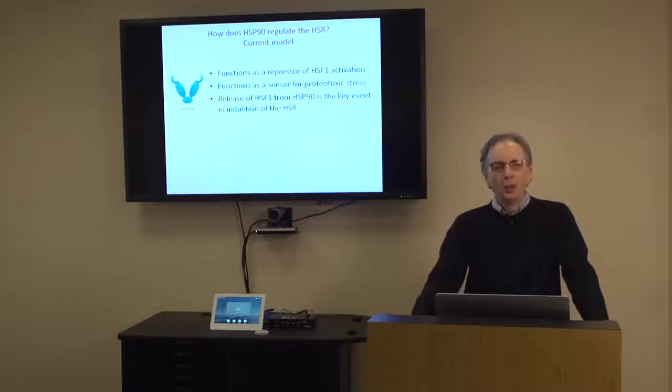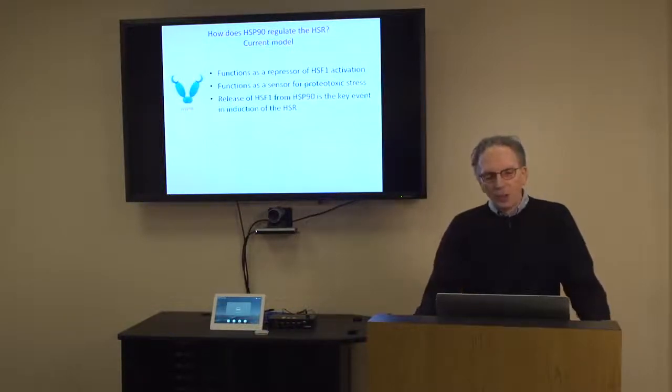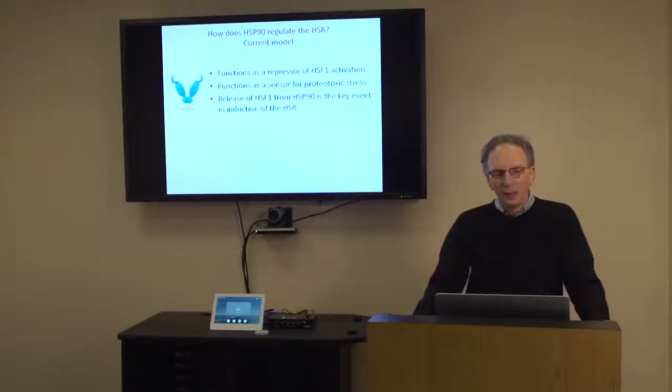So the dogma in the literature is that HSP90 functions as a repressor of HSF1 activation. It functions as a sensor of proteotoxic stress, and release of HSF1 from HSP90 is a key event, if not the key event, in induction of the heat shock response.